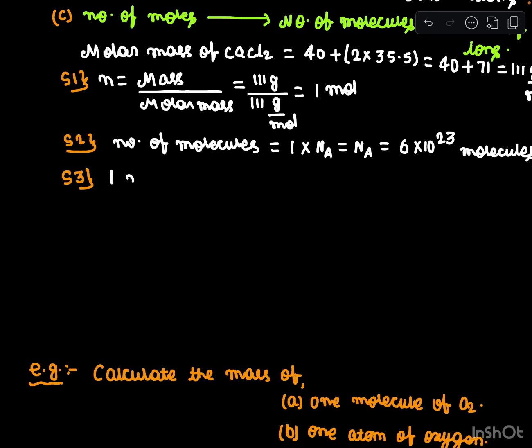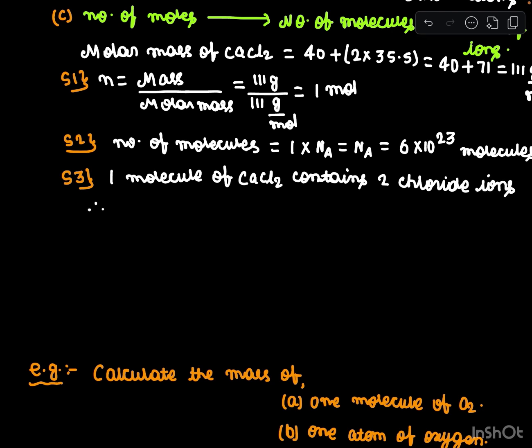Since one molecule of CaCl2 contains 2 chloride ions, so 6 into 10 to the power 23 molecules of CaCl2 is equal to 2 into 6 into 10 to the power 23 chloride ions, which is equal to 12 into 10 to the power 23 chloride ions.